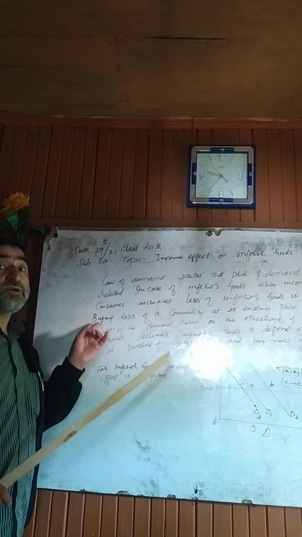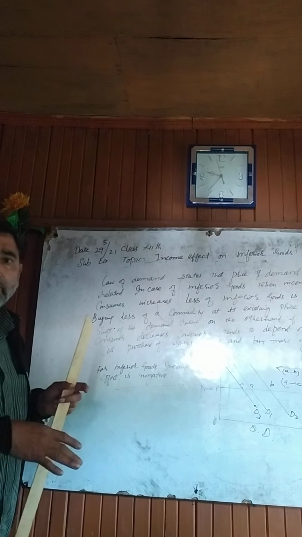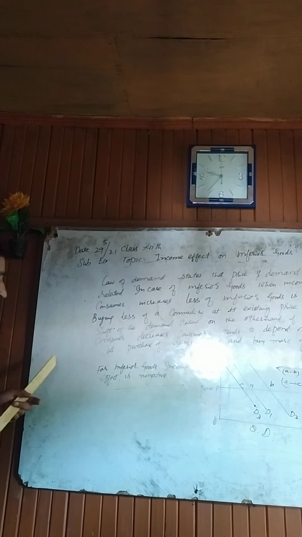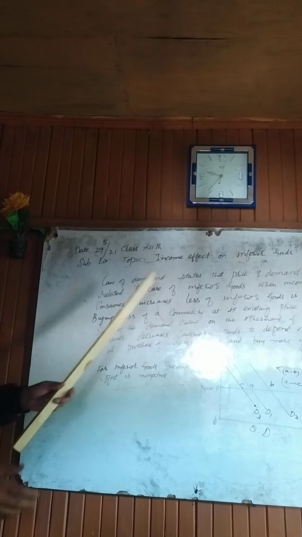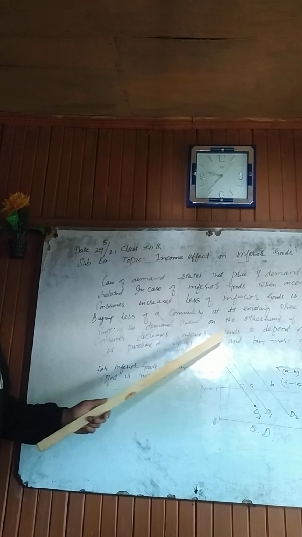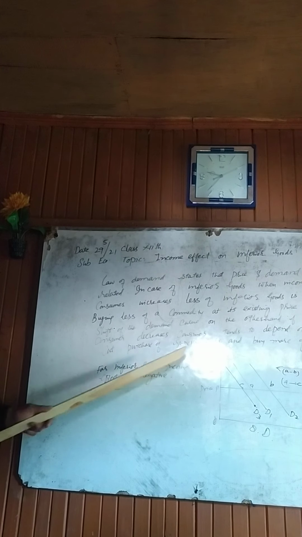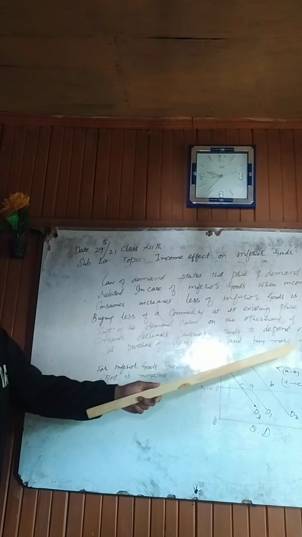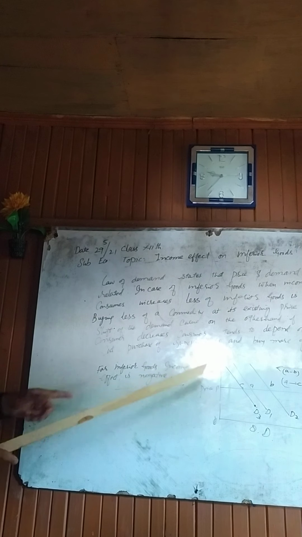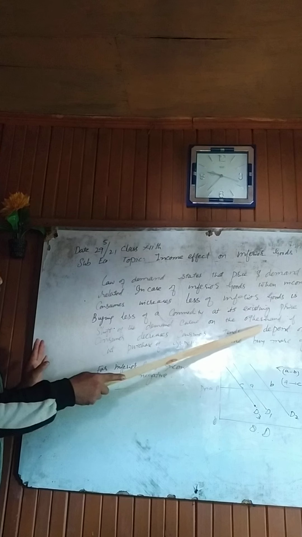But in case of an increase in income, what happens? The consumer will tend to buy fewer inferior goods. This lower quantity of inferior goods implies a backward shift of the demand curve. On the other hand, if the income of the consumer decreases, he tends to depend on purchasing the inferior good, or he may cut his purchase of superior goods.